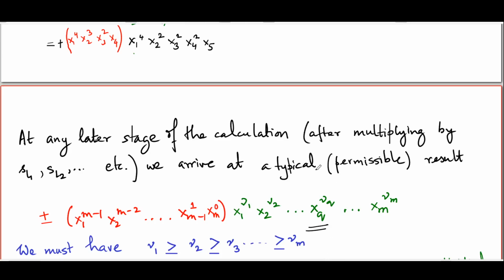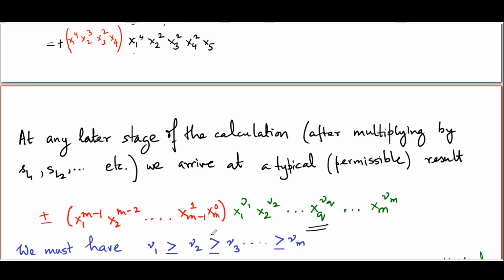Now, because we need the overall powers of x1, x2, x3 to be in a strictly descending order here, remember all powers have to be different, and we are going to typically take a term which has the powers in descending order. All the other terms will be considered anyway because of the antisymmetry involved. So we must have nu 1, nu 2, nu 3, etc. being strictly non-increasing.